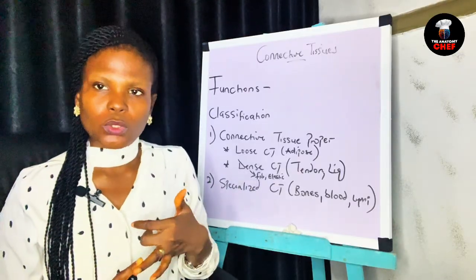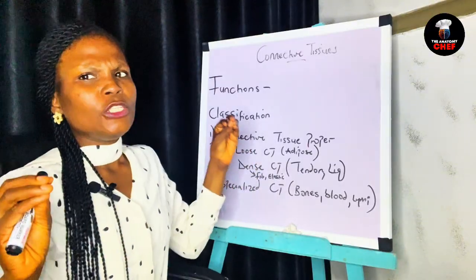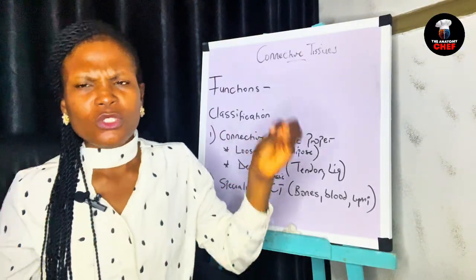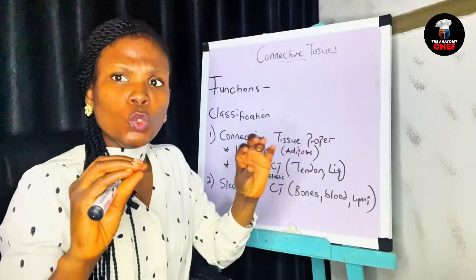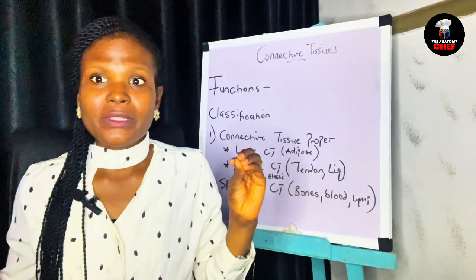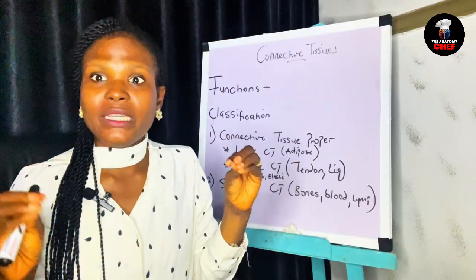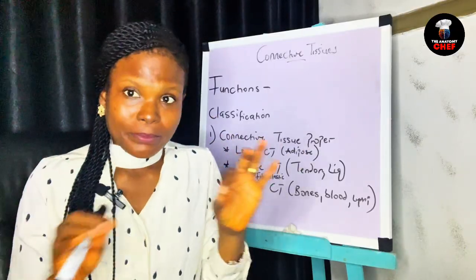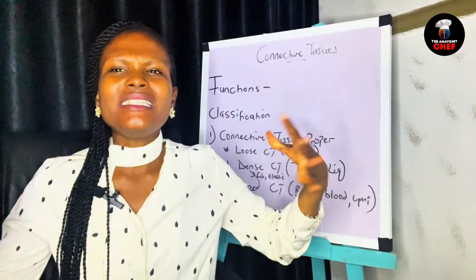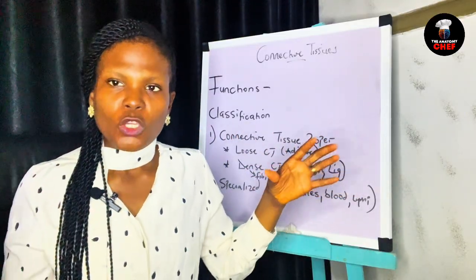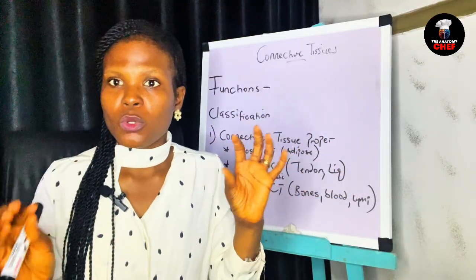Is that okay? Good. Now, what is the loose connective tissue? When you hear the word loose, what does it mean? It means that this particular connective tissue has its fibers loosely packed together. You're going to be seeing some of the diagrams on the screen.